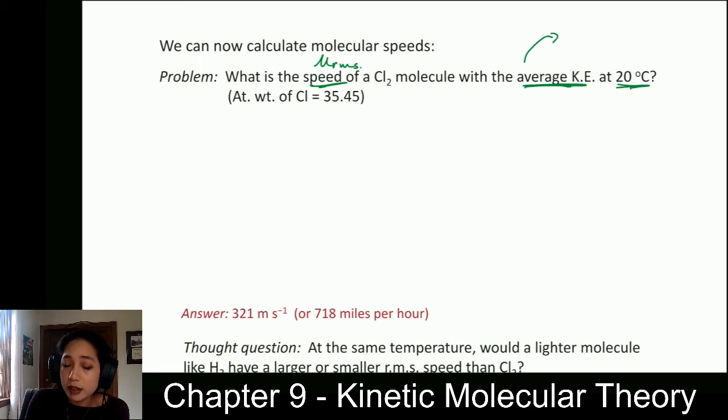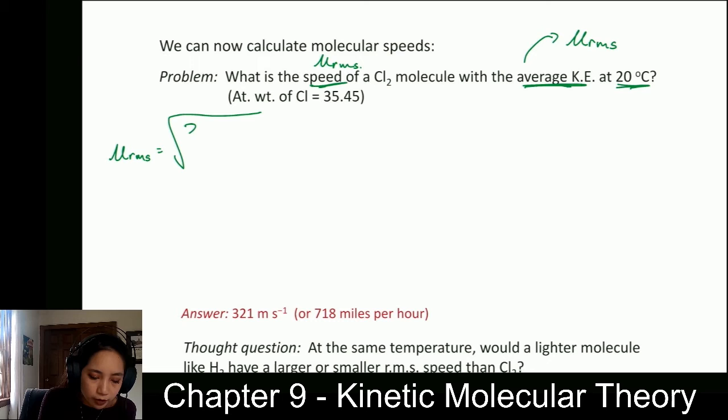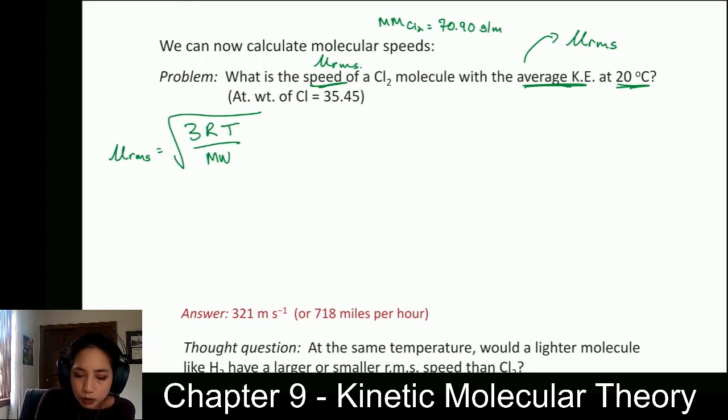When we calculate speed from average kinetic energy, we are actually calculating root mean squared velocity. So we want to use that equation. If we write that equation, it's root mean squared equals the square root of 3 times R times temperature over your molecular weight, or the molar mass of your substance. The molar mass of chlorine is 70.90 grams per mole.